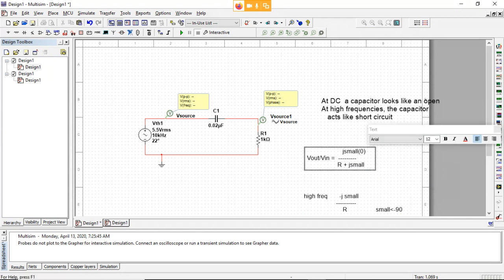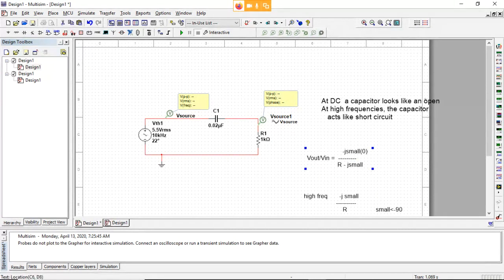These really should be negative signs here because they're capacitors. This small piece falls away, and you just get R in the denominator, so you get a minus J, which is your minus 90 degree phase angle. So that would be for a low pass circuit.